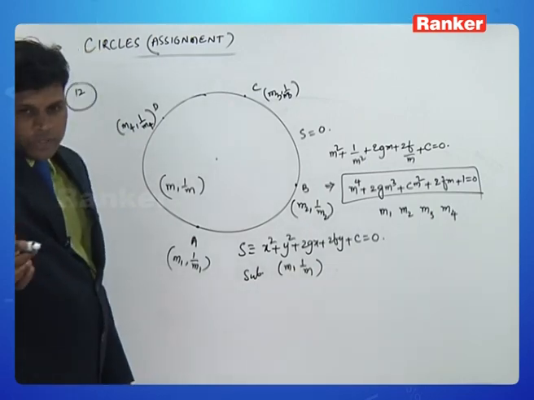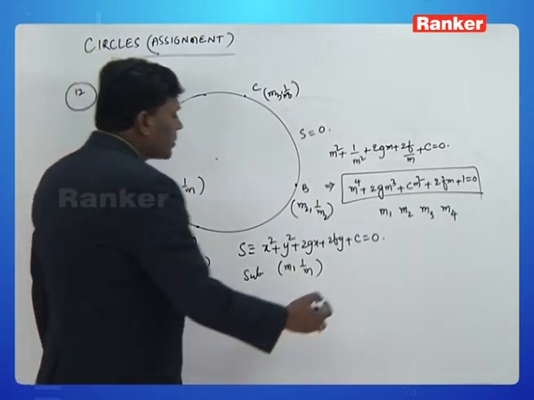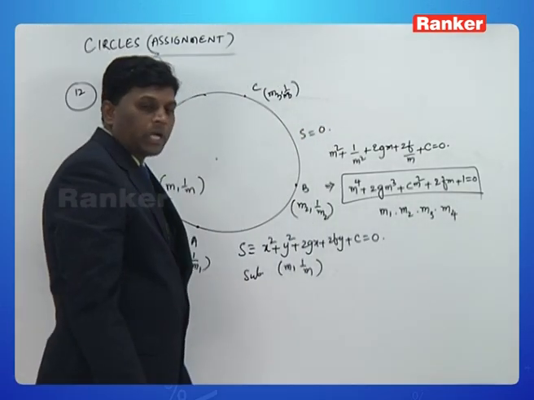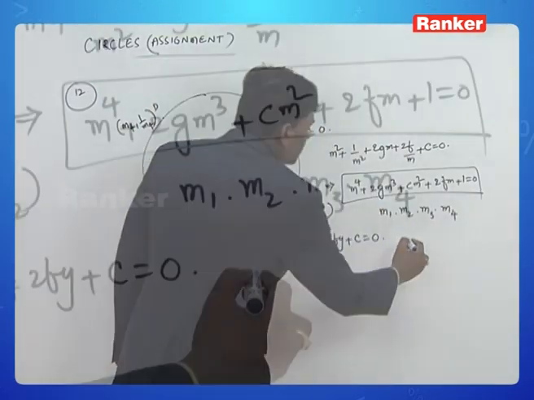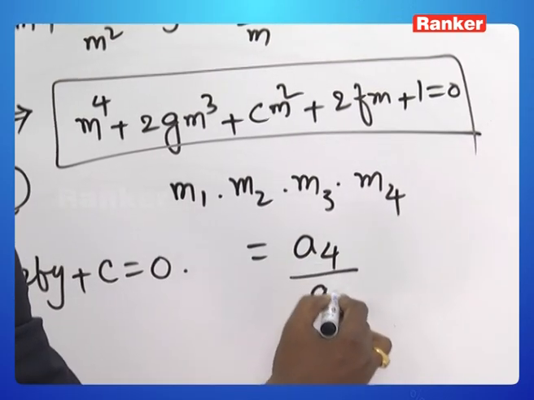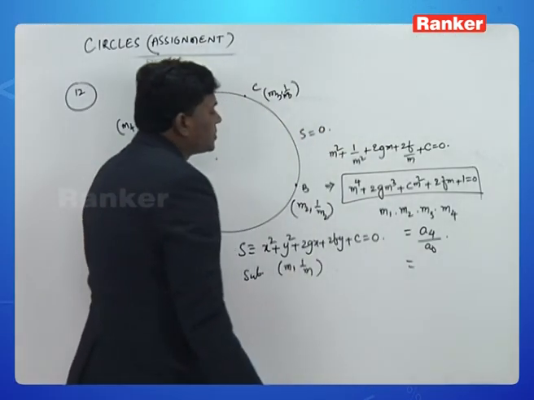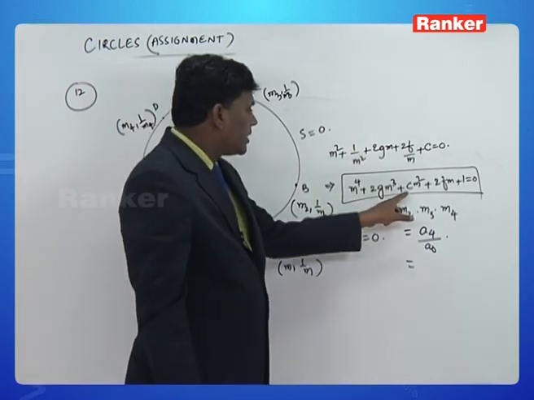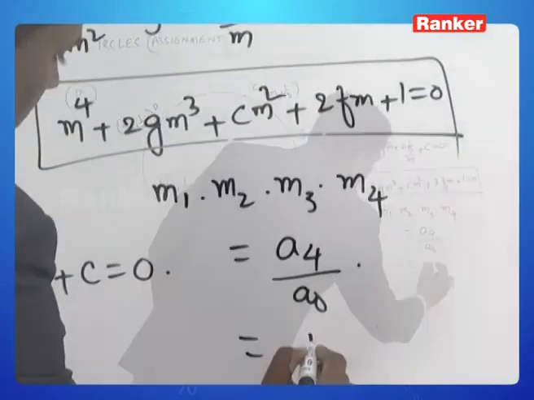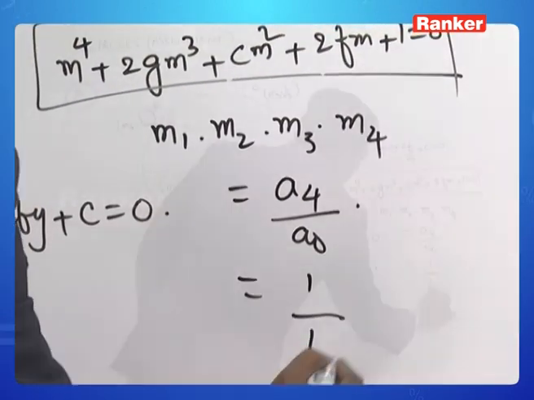Now, as per the question given, we require the product of these 4 roots, and we know that product of roots of a biquadratic equation is a4 by a0. So, if it is a0, a1, a2, a3, a4, a4 value is 1, a0 also 1.